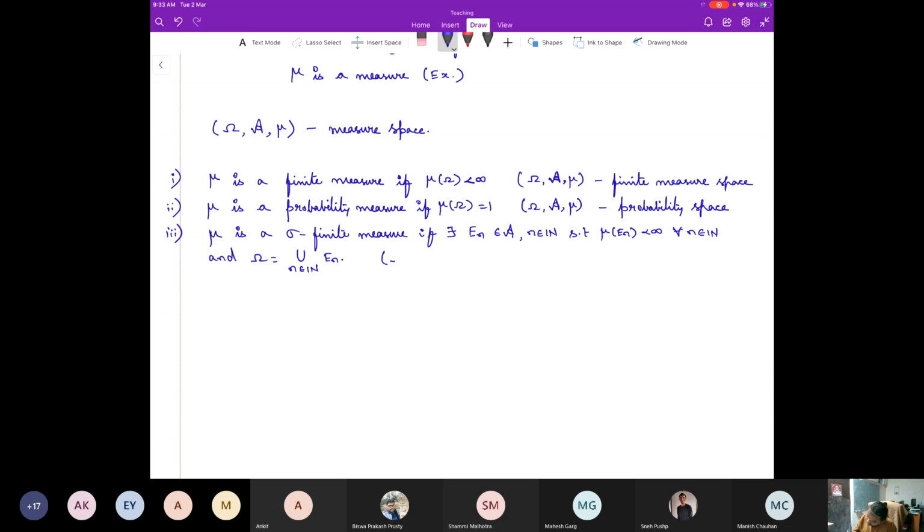So in this case, this triplet is what is known as a sigma finite measure space.